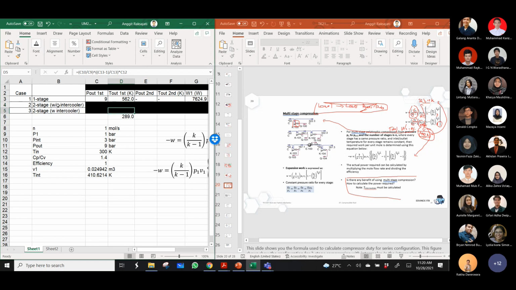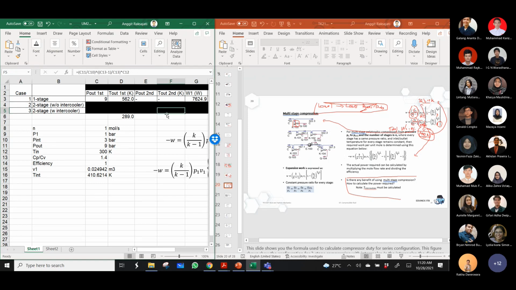But for case 3, where you have the intercooler, the temperature out at the second stage shouldn't be this hot. It should be closer to what we found at this intermediate temperature. I think you will get similar or very close to 289 if you calculate it correctly for the temperature out at the second stage for case 3.